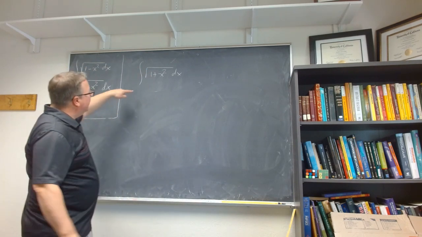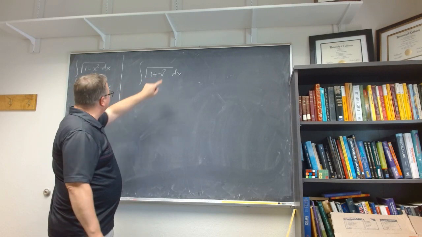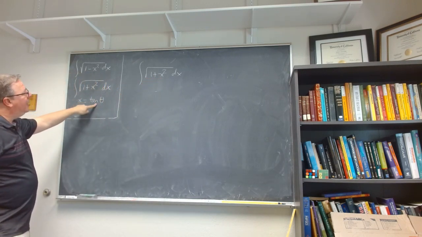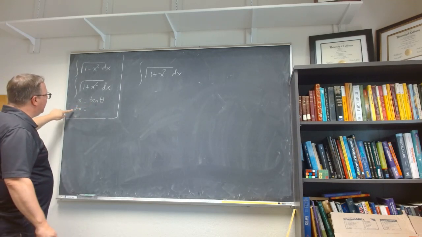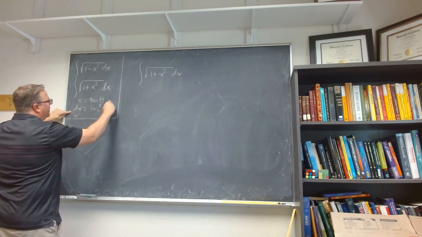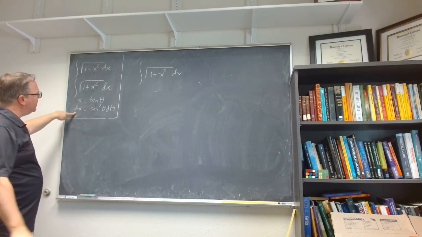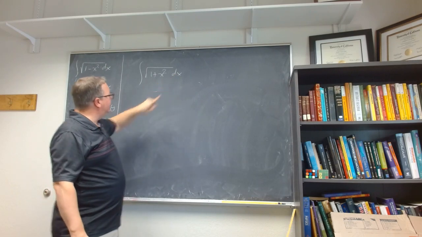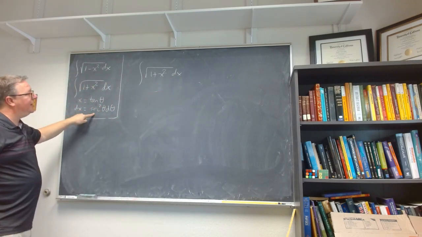Here we go. So for 1 plus x squared, I said we're going to let x be tangent of theta. If we do that, then the derivative of tangent is secant squared of theta d theta. And so this is going to make things a little bit complicated because dx is going to become secant squared of theta d theta.